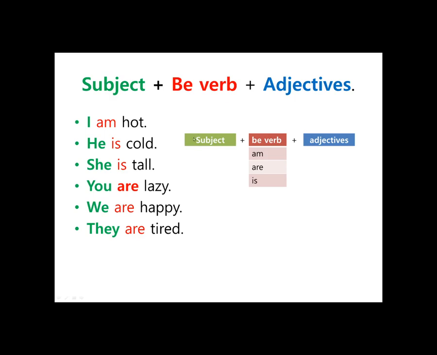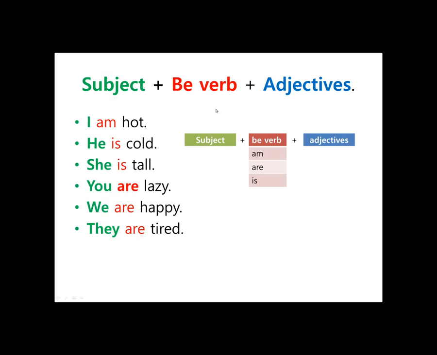You put your subject first, your be verb in the middle. So remember that's am, are, is in present tense. And then we add the adjective at the end. Okay?